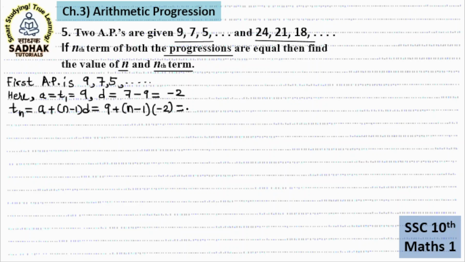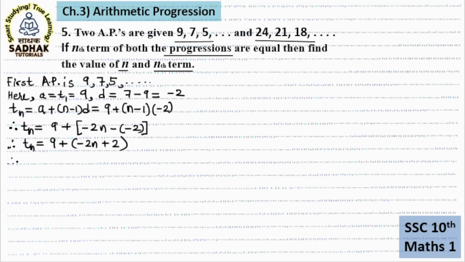Let us simplify this further. In the first AP, Tn will be equal to 9 plus, minus 2 multiplied by n, which is minus 2n, and minus 2 multiplied by minus 1, which is plus 2. So it is not plus 4, it is plus 2.